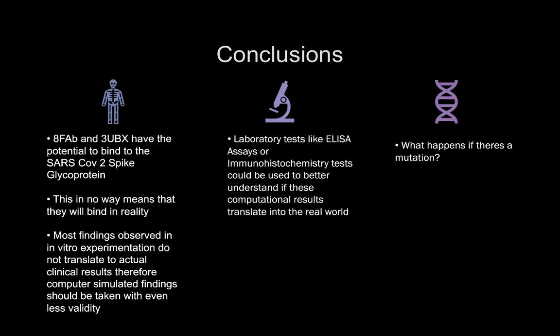And ultimately 8-FAB and 3-UBX seem that they will bind with a low binding affinity to the SARS-CoV-2 spike glycoprotein. So it seems to be in the micromolar range. This is orders of magnitude away from a high binding affinity, but there does still seem like there is a low binding affinity. We don't know if this is just something we're seeing in our simulations or if it will actually translate into real life.